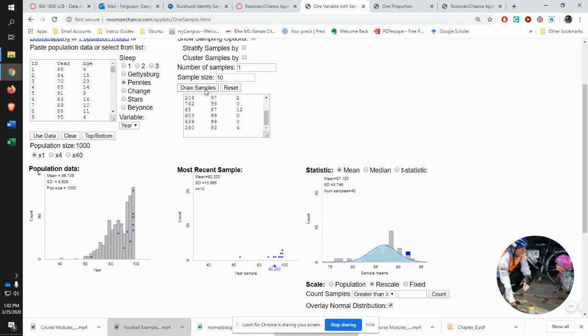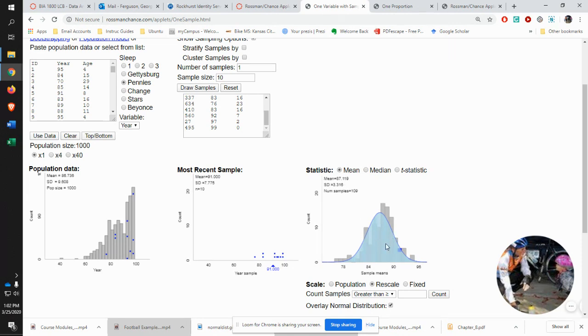Let's draw some more samples. And you can see that the more samples you get, the closer you get to the population.